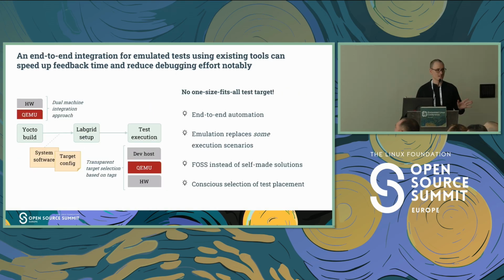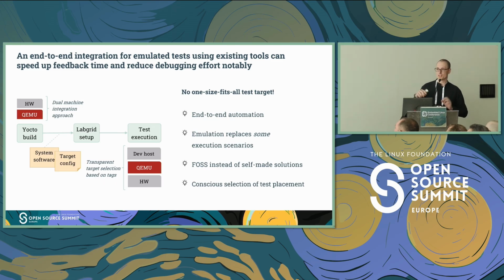Okay, now let's say we identified some use cases that are suitable for emulation, and we now want to integrate that in a developer-friendly way. What my focus was is to achieve a way where you basically have to zero-touch the whole chain from building to testing, and have the tests executed rather transparently on either emulation or the hardware target.